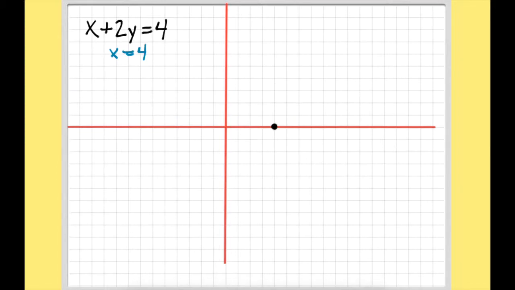To find our y-intercept, we plug in 0 for x. So we have 2y equals 4, so y equals 2 is our y-intercept. So now we have 2 points, and all we have to do is connect them with an infinite line, and we have our graph.